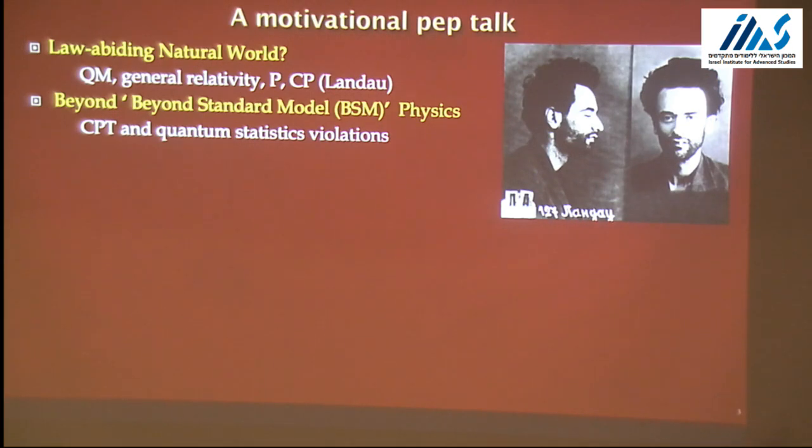But there is something that I call beyond the standard model, and that was mentioned actually this morning already. That there is also physics that I think is very important to look for and test. Just basically taking the lessons of the parity and CP violation, that people believed them, but they turned out to be not such great symmetries. So we want to test CPT, for example. Or we also want to test quantum statistics or the symmetrization postulate or something.